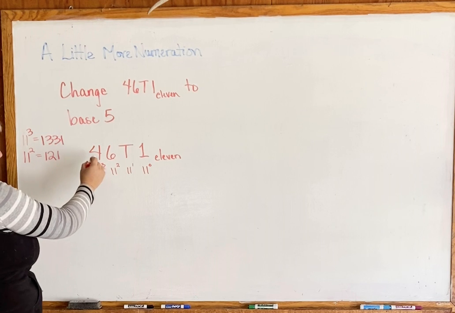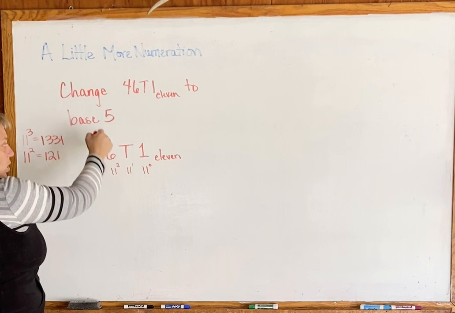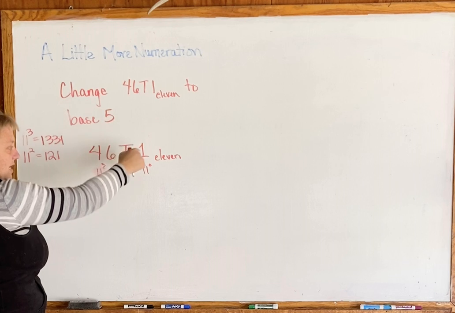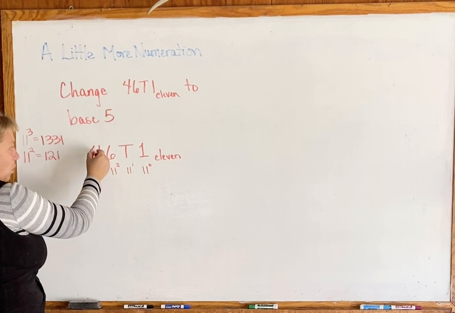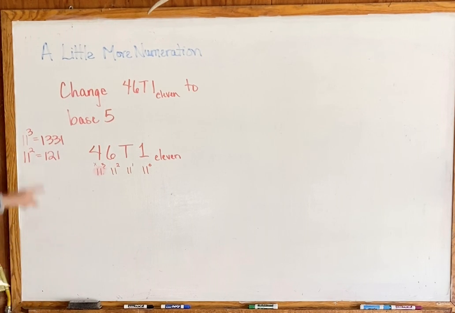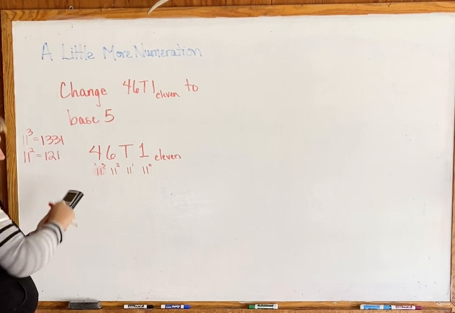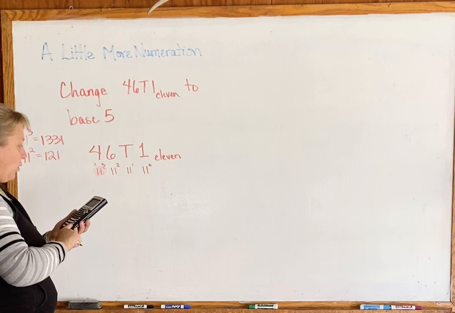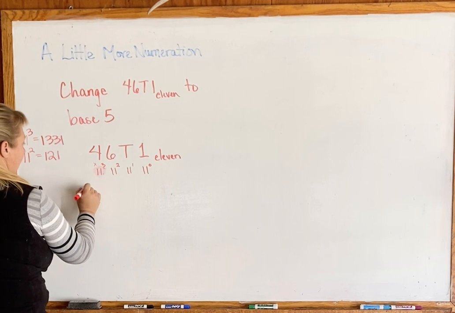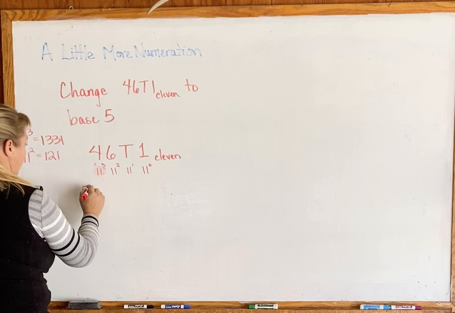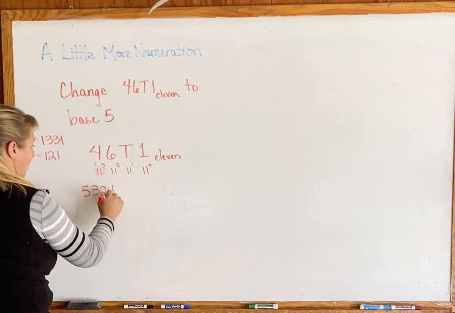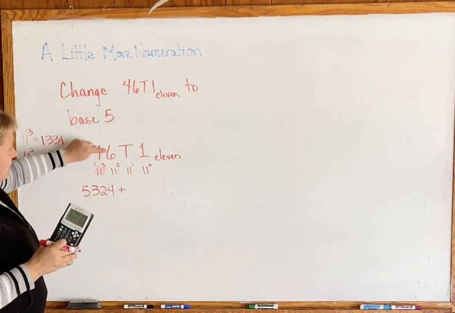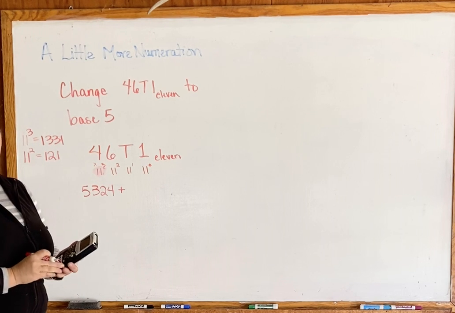Now as we do this, we're going to multiply down here. We multiply the 4 times 11 to the 3rd, 1,331 times 4, which gives us 5,324, plus the 6 multiplied by 11 squared.